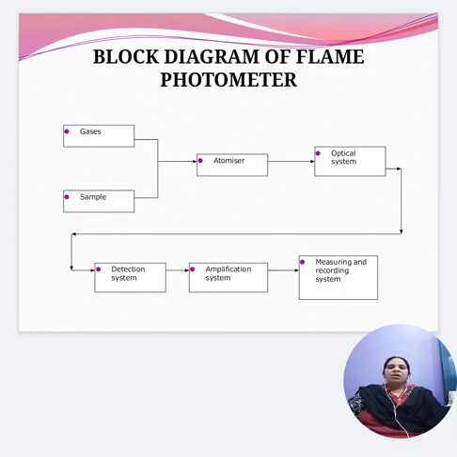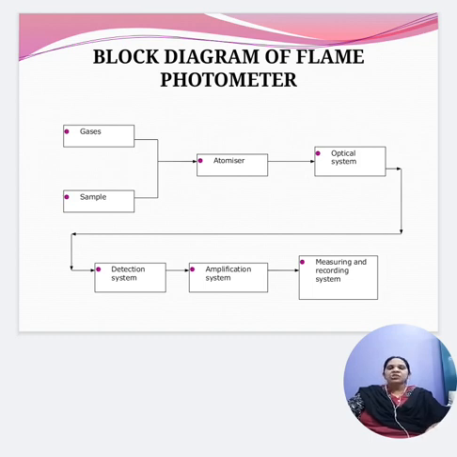So the emission system is the first part. It is divided into three blocks: the emission system, the optical system, and the detection system. The emission system consists of the gases and the sample, and you have an atomizer in it.